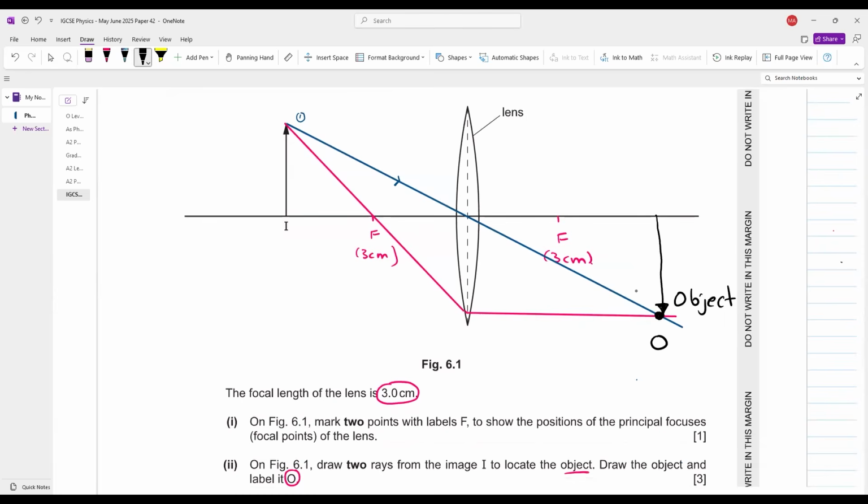तो द फर्स्ट रे पासिंग थ्रू द ऑप्टिकल सेंटर विल रिमेन लाइक दैट. सेकेंड रे क्या होगी? Second ray will pass through the focal point, hit the converging lens, become parallel to the principal axis.